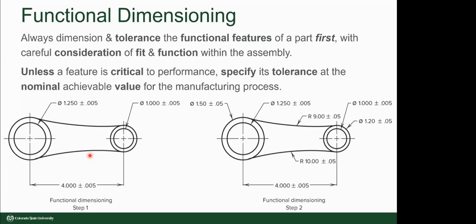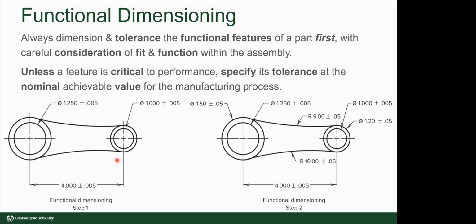And what dimensions are not critical to the functionality of this linkage bar? Yeah, basically all the exterior dimensions of this linkage bar. We don't really care what the outside diameter is, or the thickness might matter a little bit, but not to a very high precision.